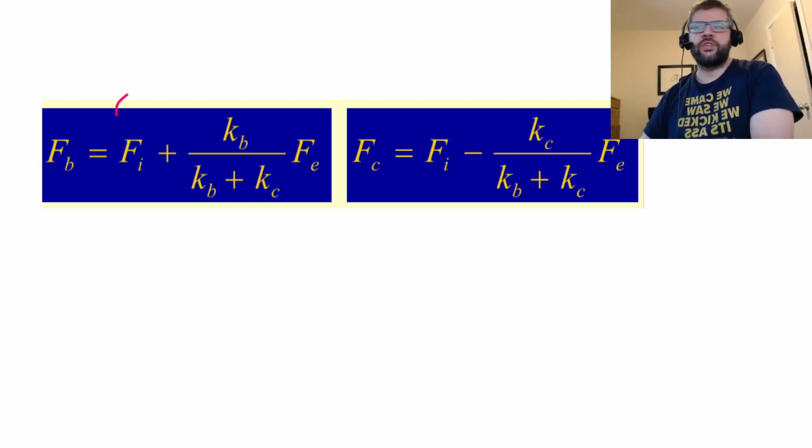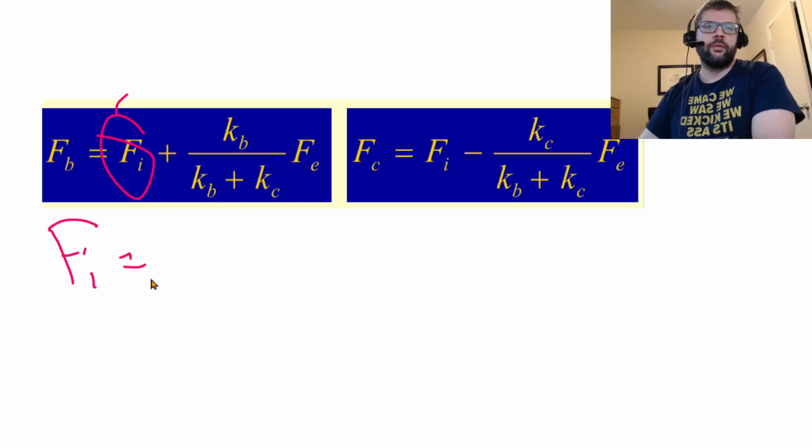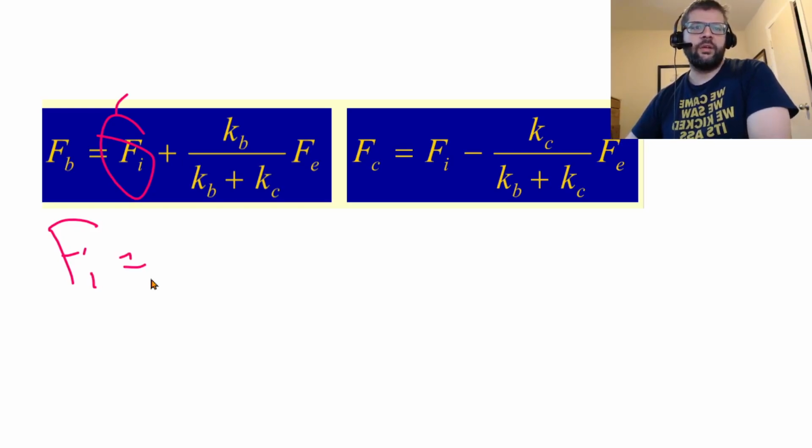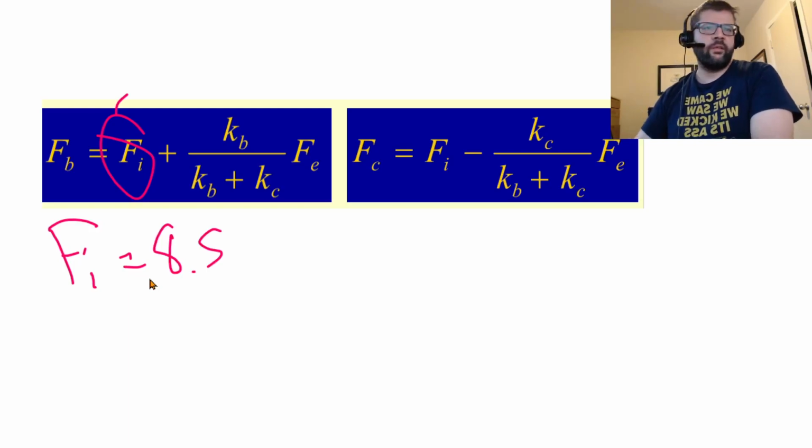So in that condition, our Fi would be equal to our Fb, 8.5, minus our Fe, 8, times the Kb over Kb plus Kc.